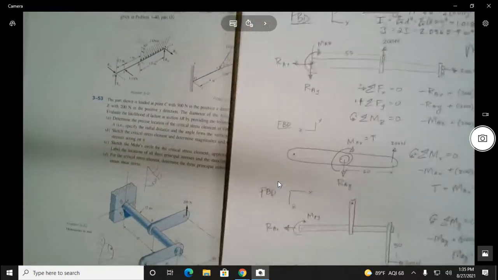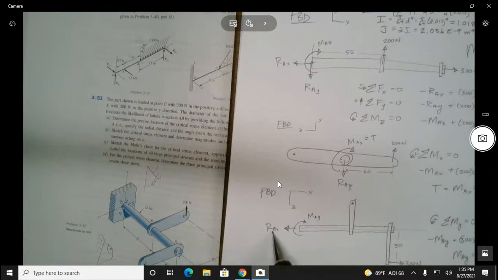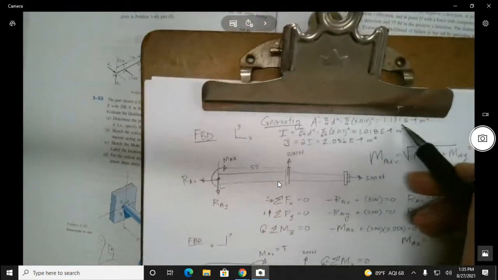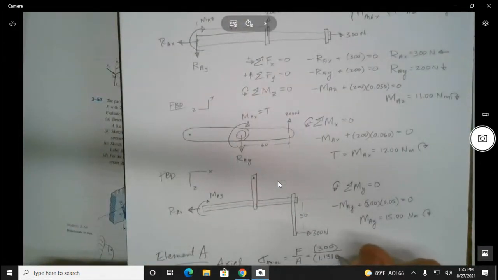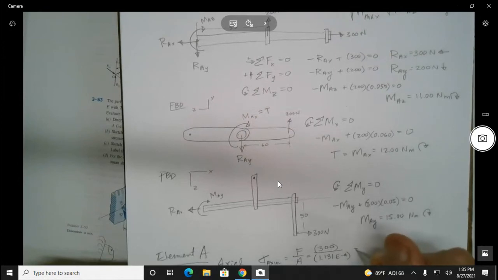So for the force, we look at this, we see that the reaction at A is going to be the one that causes axial. So we see it goes 300 divided by the 1.131 E minus 4.